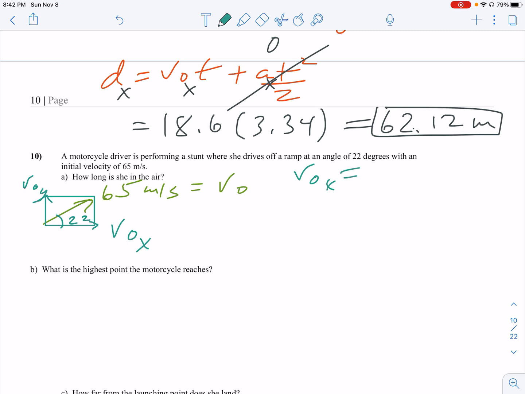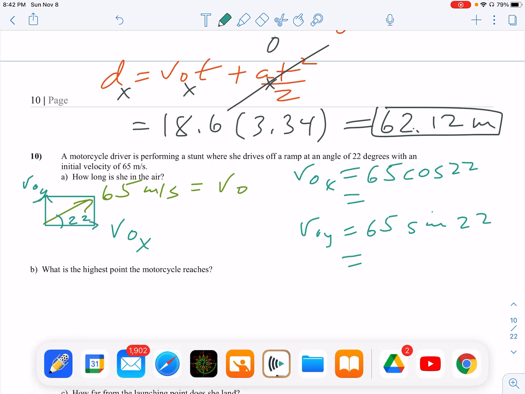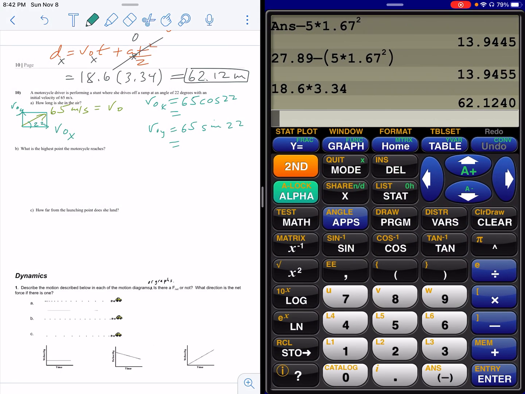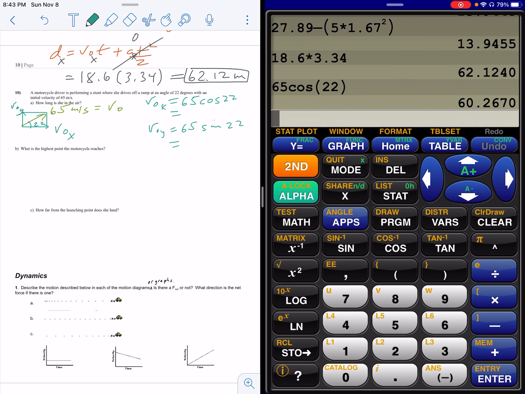v0x is equal to v0 times cosine of 22. And v0y is equal to 65 times sine of 22. Be sure you use degrees. 60.3 for this one.